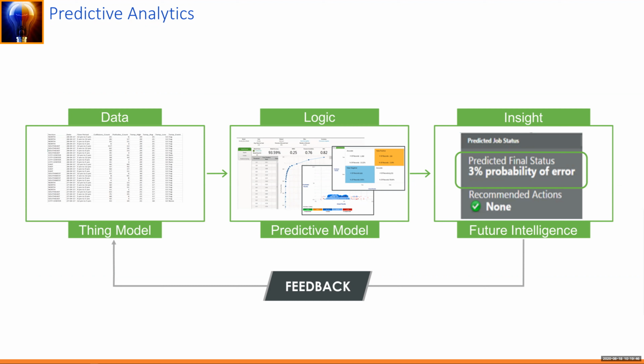We feed that back into the model, and we improve the performance of the model over time based on how accurate those predictions are. And so it's a closed loop process that we iterate upon to make things better and better. But what we're trying to do is just to determine in the current performance, what can we predict based on the data that we're collecting?